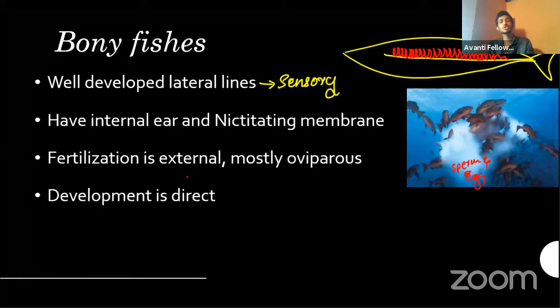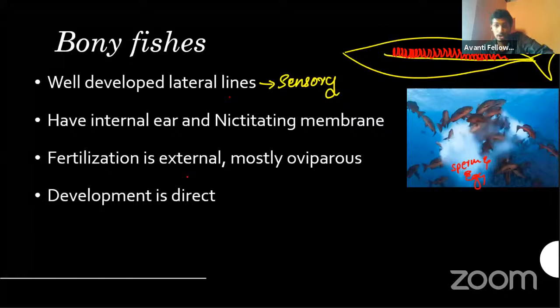So they will do the mass copulation behavior. They release the eggs and the sperms, hundreds of fishes at the same time, and it creates a cloud-like thing in the water. In the earlier group it was internal, but here it's external.